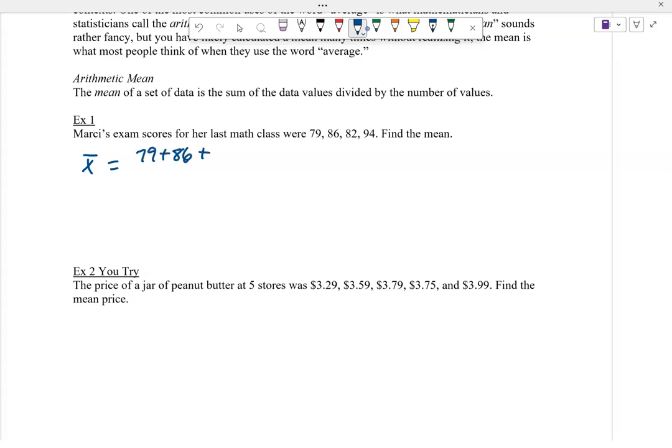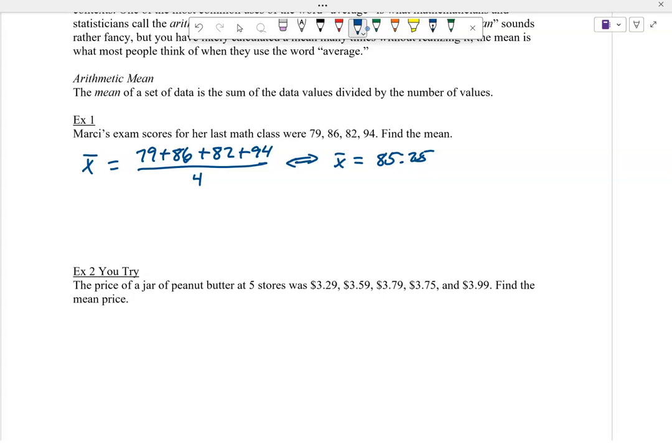Here are the scores on the exams. Divide by how many scores we have. How many data values? 4. So our arithmetic mean here is 79, 86, 82, 94, divided by 4, which gives you 85.25.